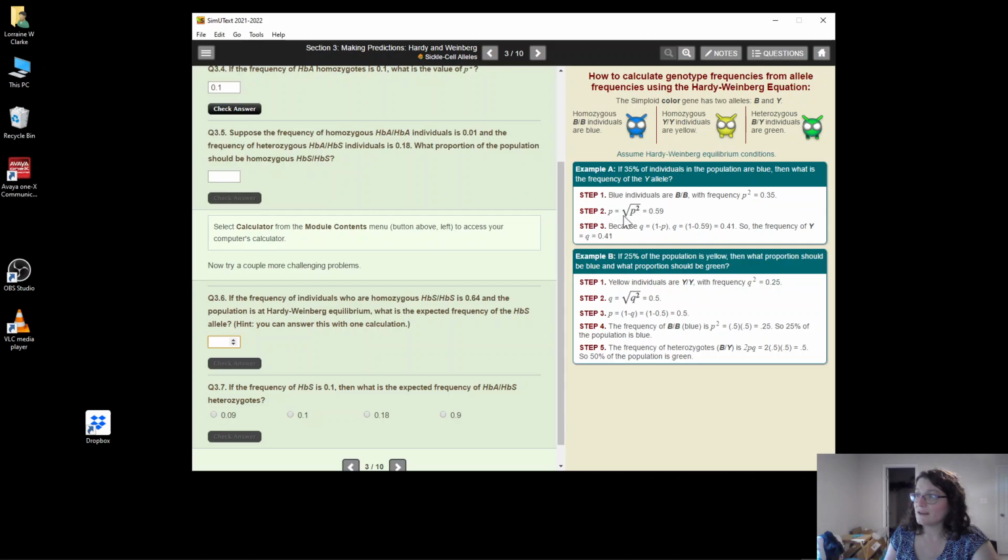So take P squared here, take the square root of that, 0.59, and then you have Q and P, okay? If you have P, you have Q, if you have Q, you have P. So we're going to find Q here. So let's just type that in, 0.8, okay? Because square root of 0.64 is 0.8. There you go. See?